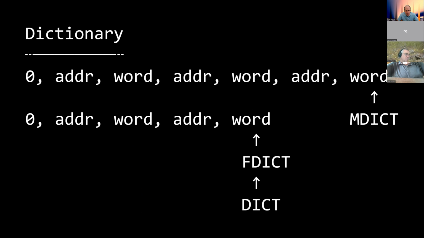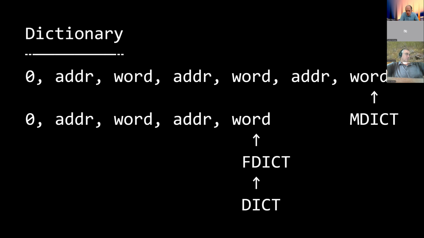And then as I mentioned, the dictionary convention is encoded. So unlike Chuck's dictionaries where there's two arrays with the words and the addresses, I decided to interleave them because it was less juggling of variables. So I interleave word, address, and then use a null at the end to mark the end of the dictionary.